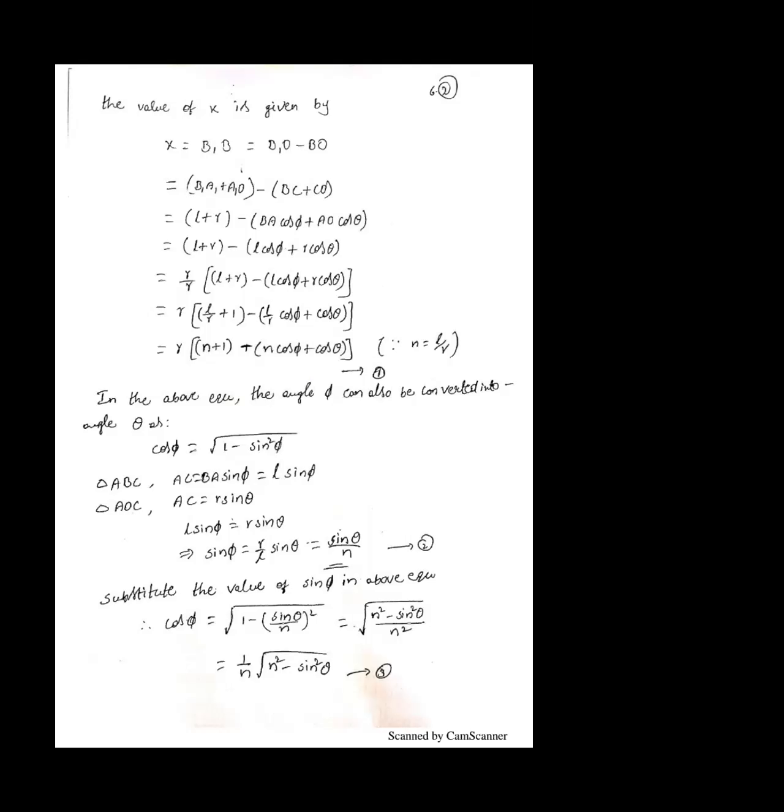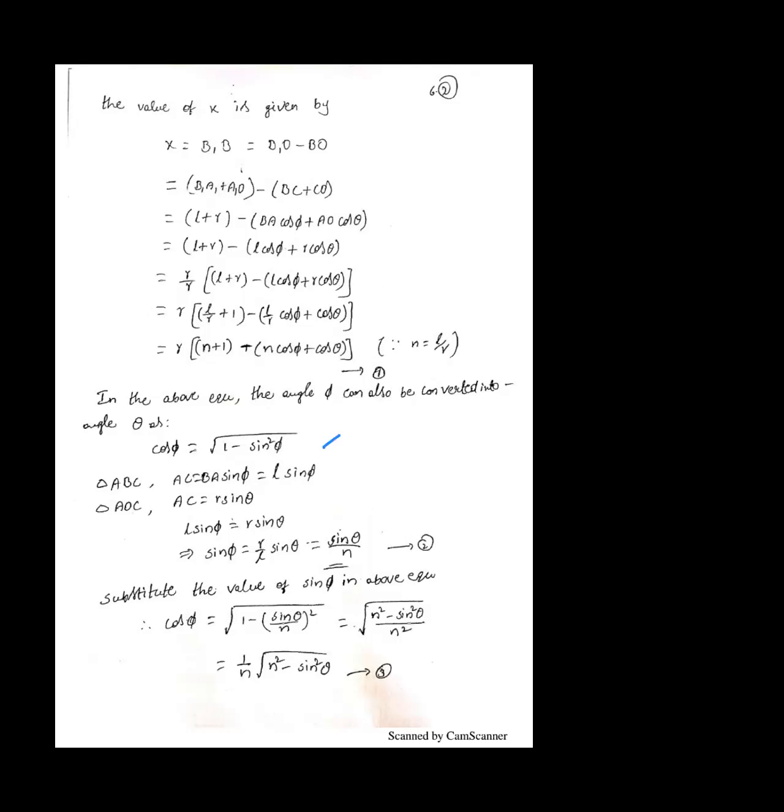Am I right or not? Why? Because sin square phi plus cos square phi equals 1, already known. So cos square phi equals 1 minus sin square phi, and cos phi equals square root of 1 minus sin square phi. So that equation will be written here.